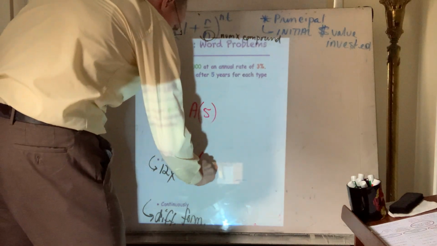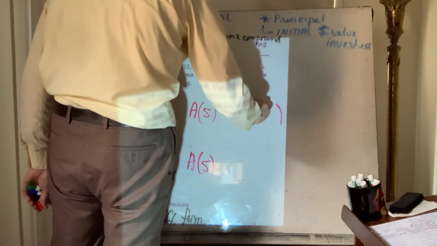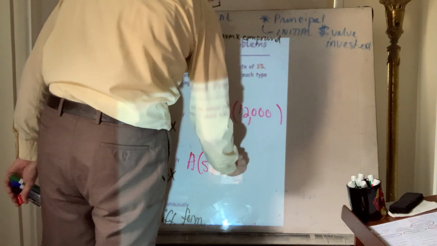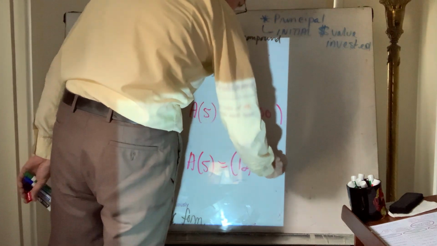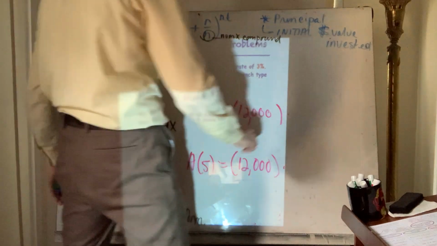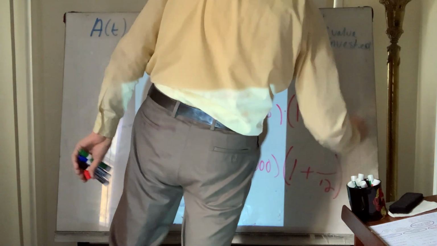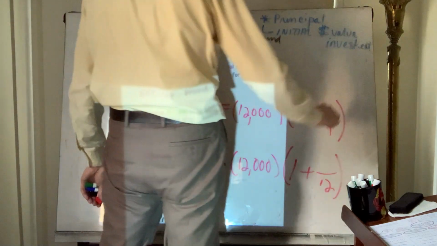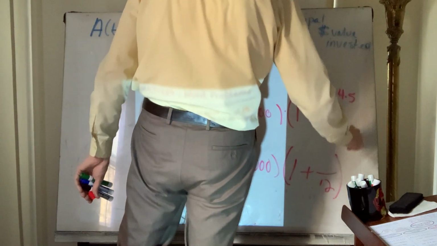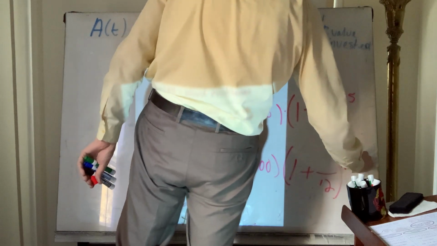With these values inserted, $12,000 in each case, and then the more interesting guts: 1 plus something over 4, 1 plus something over 12, and then 4 times 5, and 12 times 5.